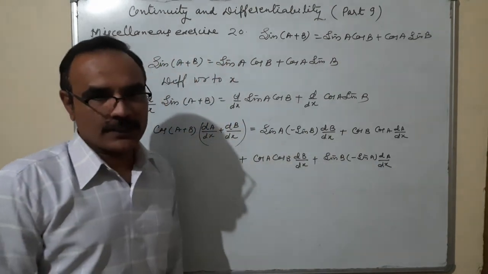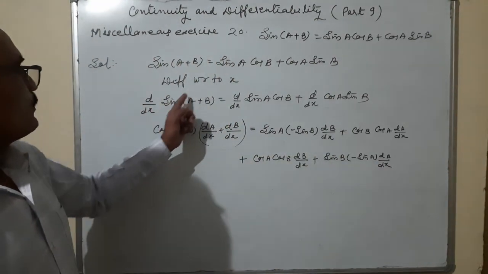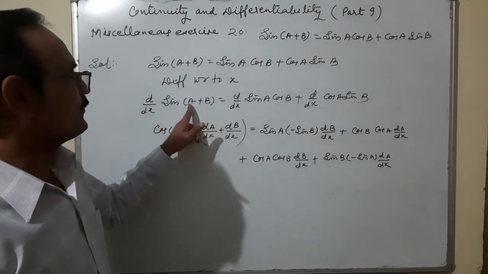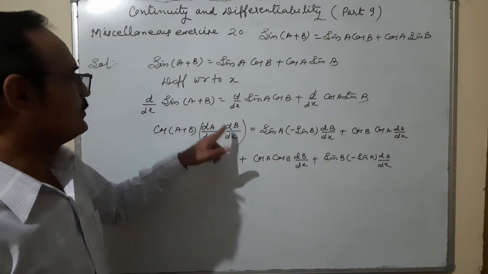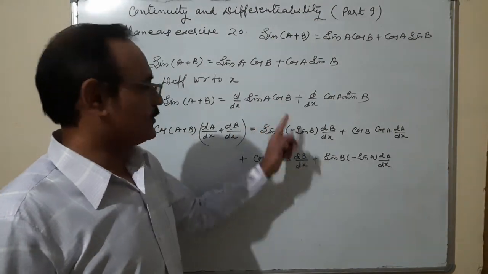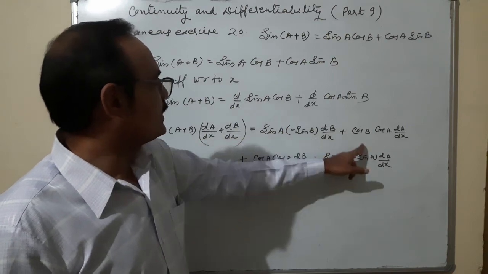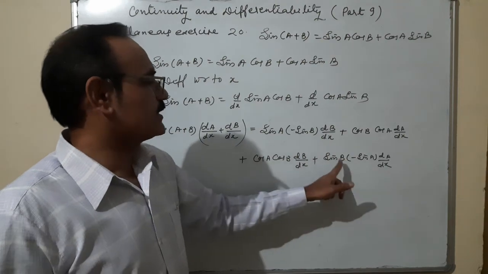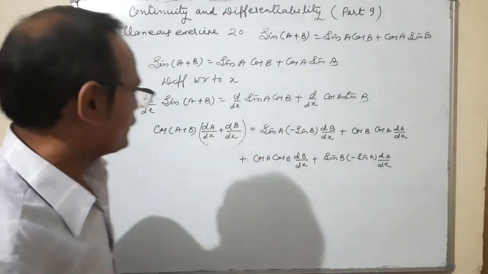Is that okay? What I have done here: sin t differentiates to cos t, because these are function terms, so the differentiation of a is dA/dx, and of b is dB/dx. Same as the product rule: first function, differentiation of second function, plus second function, differentiation of first function.